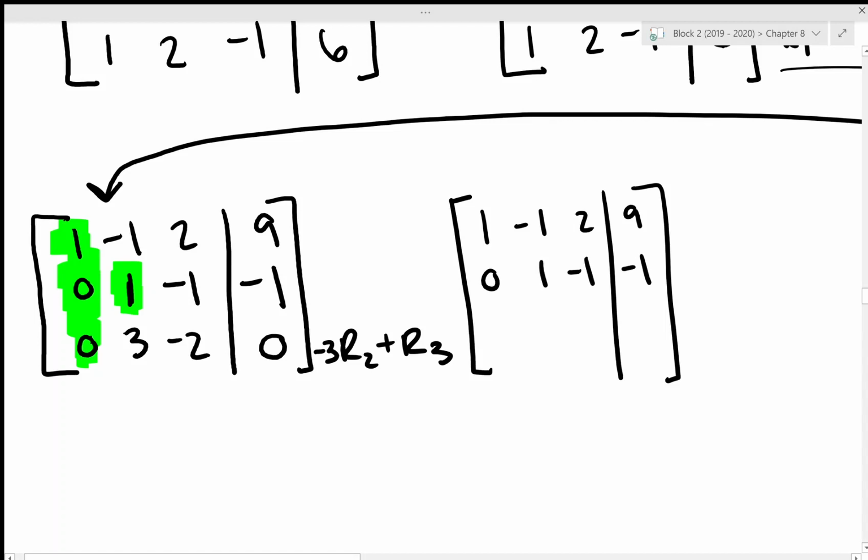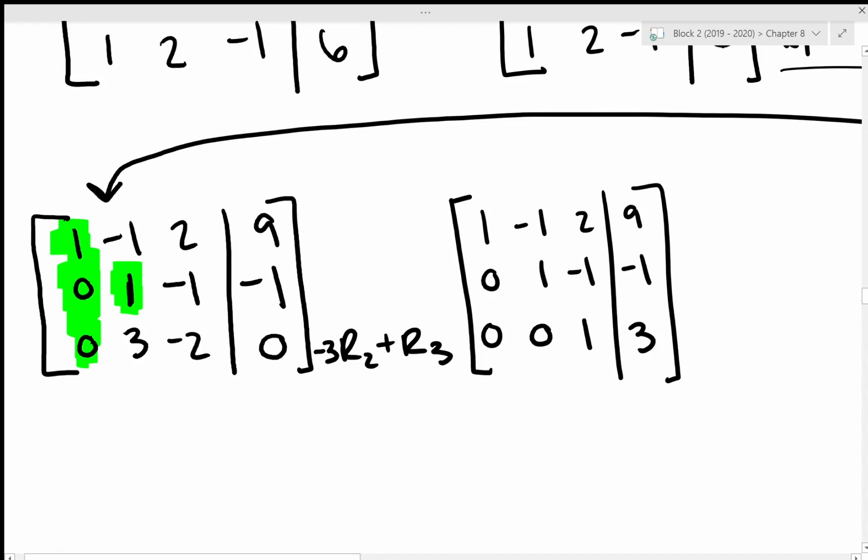And now I'm going to use row 2. I'm not changing it, but I'm going to use it to change row 3. So 0 times negative 3 is 0, plus 0 is 0. Negative 3 times 1 is negative 3, plus 3 is 0. Negative 3 times negative 1 is positive 3, plus negative 2 is 1. Oh, that worked out. And then negative 3 times negative 1 is positive 3, plus 0 is 3.